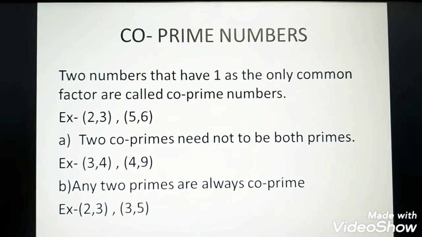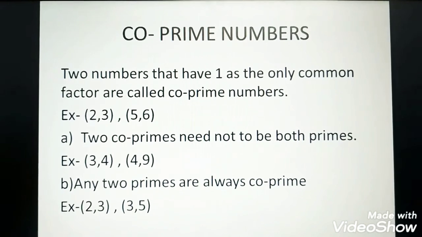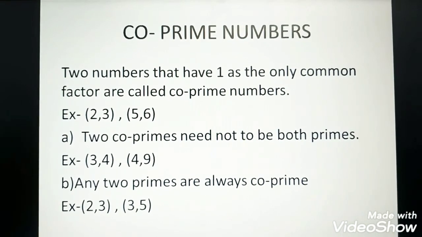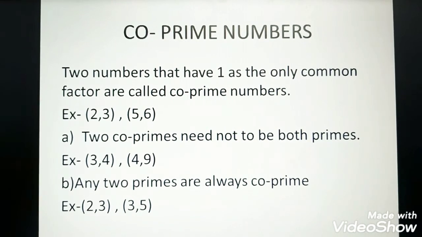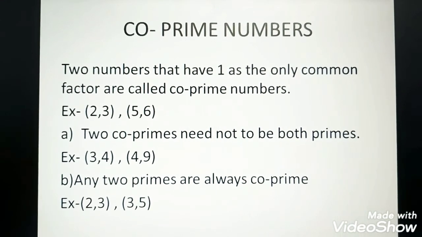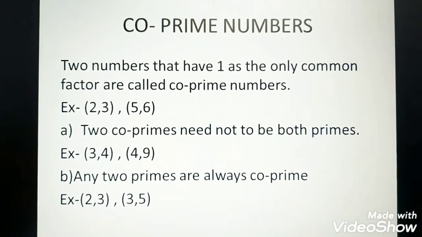Now the next topic is co-prime numbers. Two numbers that have 1 as the only common factor are called co-prime numbers. दो numbers जिनका केवल एक ही common factor होता है. Which one? 1. वो numbers co-prime numbers होते हैं. For example 2, 3.